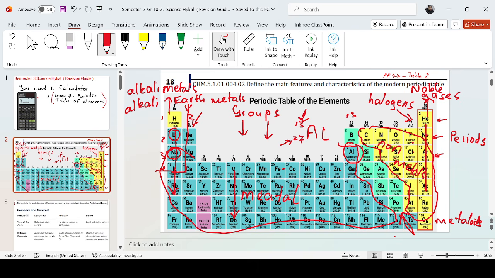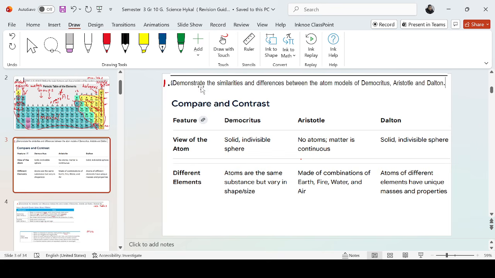Atomic number is the number of protons. And down, this is the mass number. To get the mass number, you add the protons plus what? Neutrons. We will do this. So in short, this is what you need to know about the periodic table. Let's go to the next aspect. I'll come back to this one at the end.